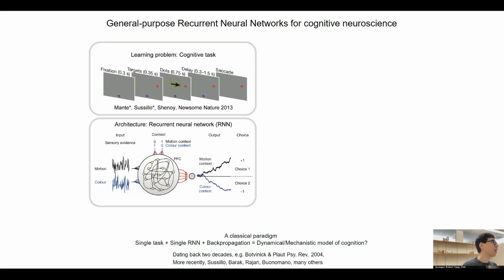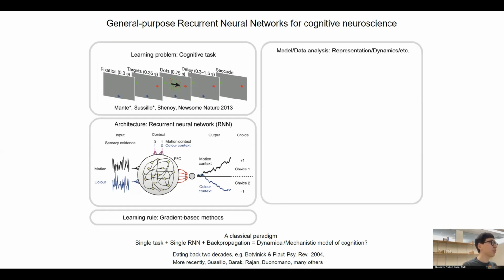And usually the way that you adjust it, the most common way, is to take something from machine learning, let's say a gradient descent method, but you can also use other learning rules if you want, and we'll talk about that. So with these three elements, the learning problem, the network architecture, and some learning rule, we can produce a network that can do the task.